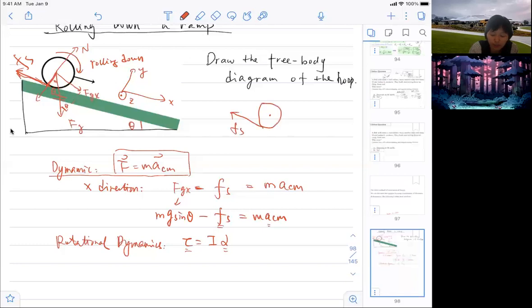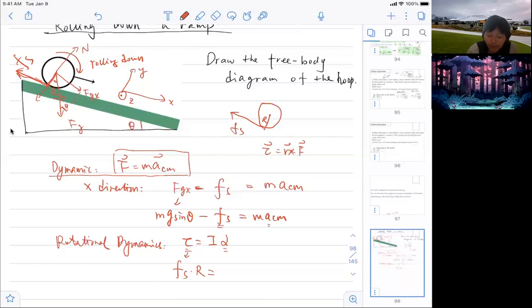Friction this way, and let's call this radius r. Torque is r cross F. So in this case, it's going to be static friction times radius r, right? So that's my torque.